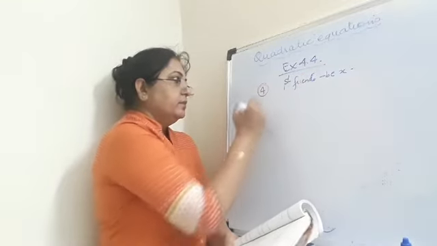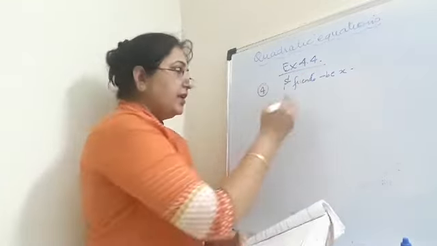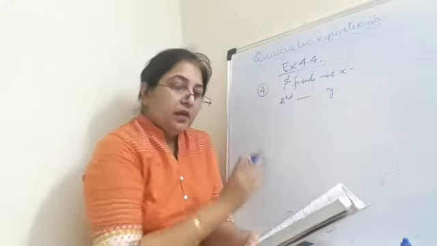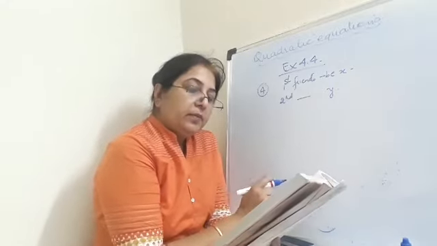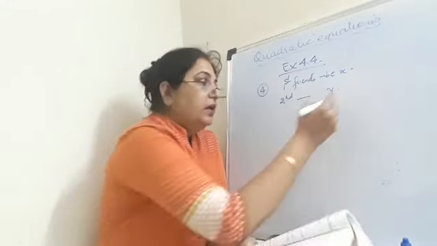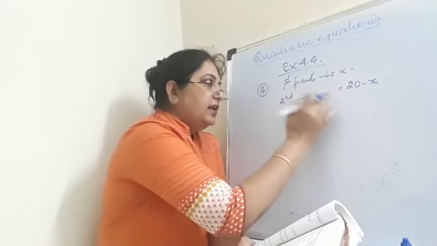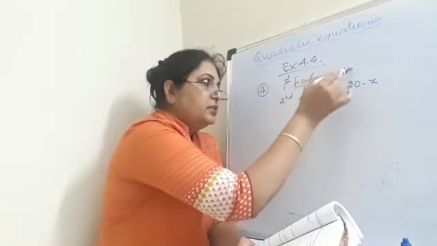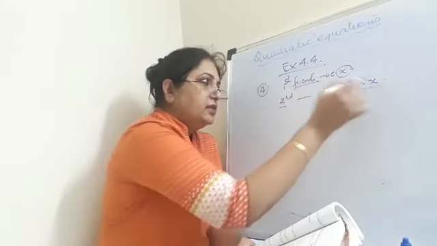And the second one, the other boy's age, we take it as y. Actually, we are supposed to take same variable, but according to the question, the value of y will be 20 minus x. You know why? Because the sum of the two ages is equal to 20. So I can directly write the first friend's age be x years and the second one's age is 20 minus x.